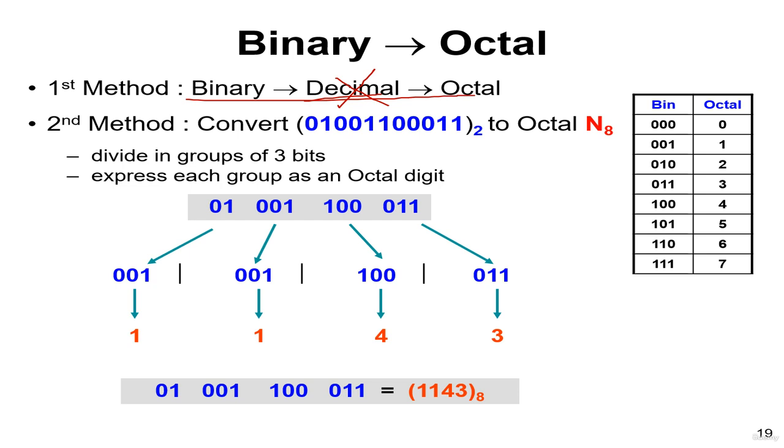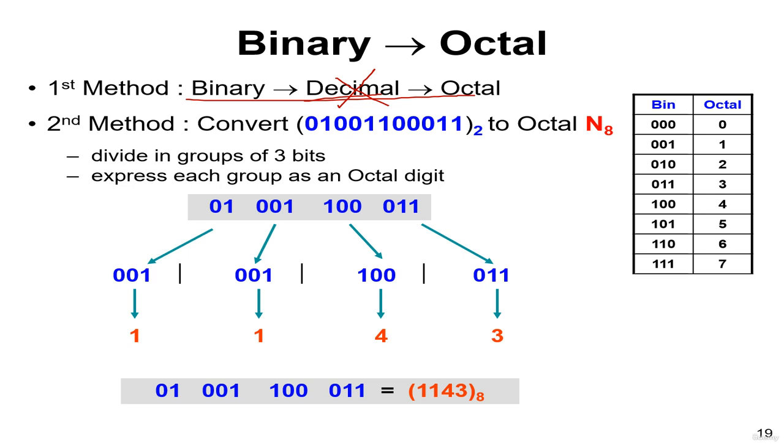We will go through the second process. We already talked about this: each octal digit is basically equivalent to 3 bits in binary. So when you are asked to convert directly from binary to octal, you divide the stream of ones and zeros into groups of 3 bits.